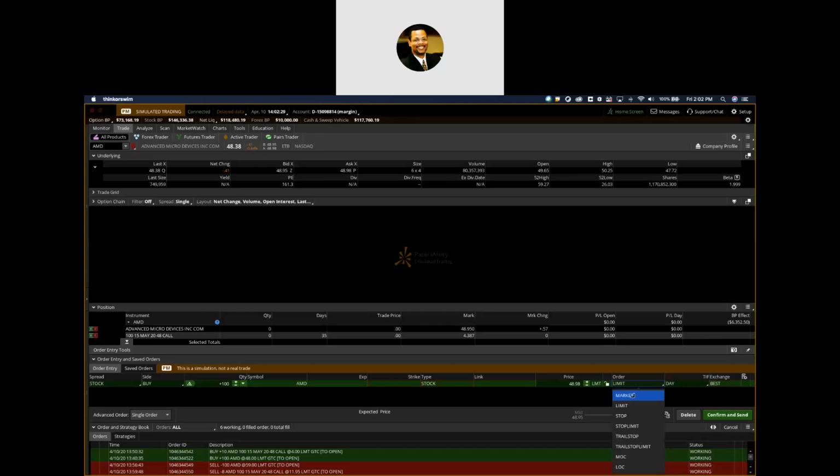That means you have absolutely no control over how much it's going to be when you get in. A stop is just that. A stop means it'll put in a stop order that says, hey, if it hits this target, stop this trade, get me out. A stop is usually your safety net.